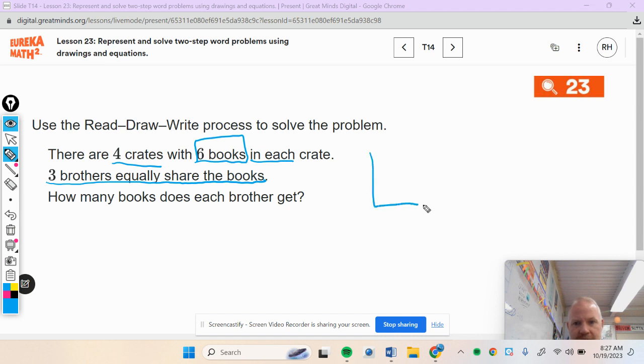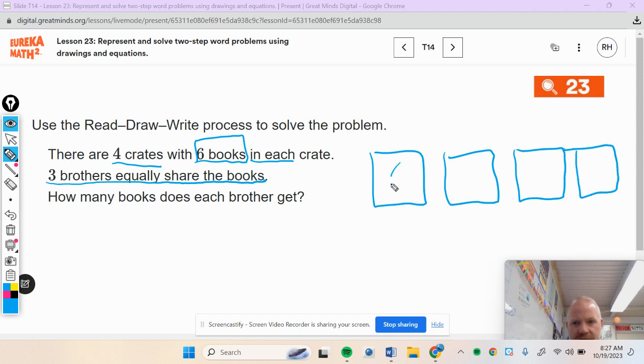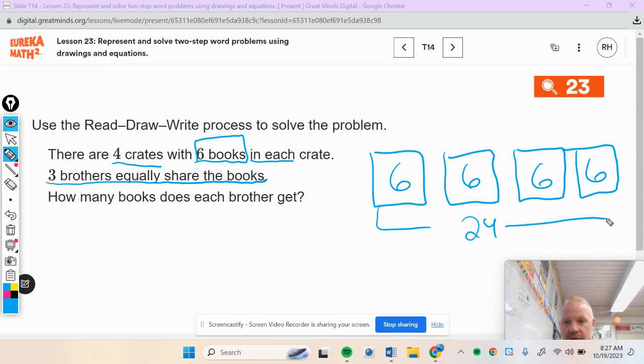Thinking about this as a picture, here's 4 crates, and there's 6 in each. Now you'd have to think of your 4s 6 times, which you would get 24. So now we have 24 total.